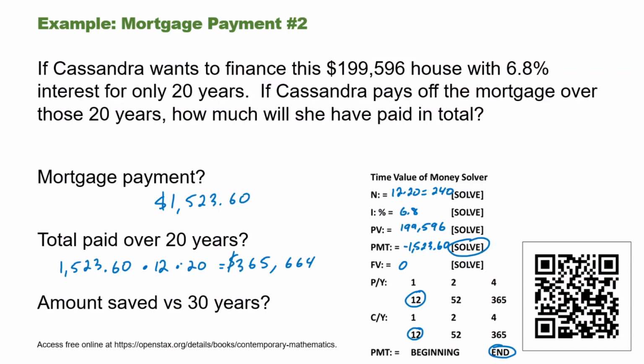So if we think back to what just happened, in the previous version of this where we talked about 30 years, the question here is how much did we save? How much did we save versus 30 years?